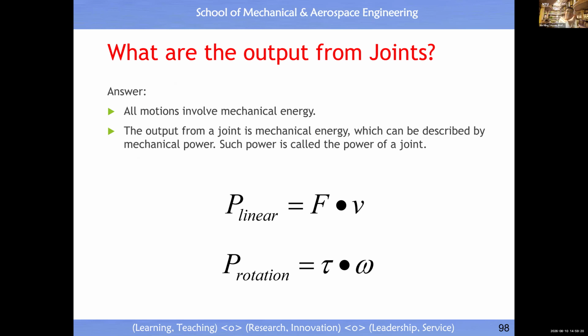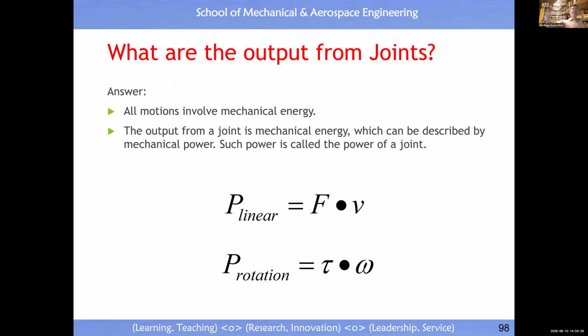Okay, so then what is a joint? A joint in general is a device which takes input mechanical energy, then outputs mechanical energy. And in theory, we assume there's no loss of energy, right?